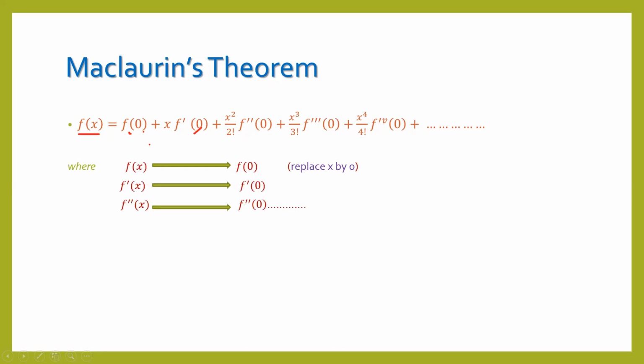F of x is the function whose expansion is required, and according to this function f of x, we have to find f of 0, f dash of 0, f double dash of 0, and put all these values in this series, and we'll get the expansion of that function.